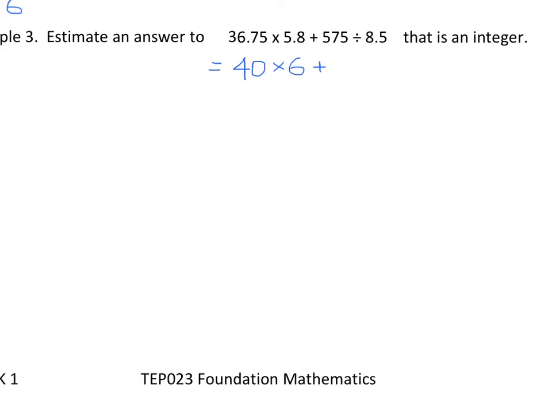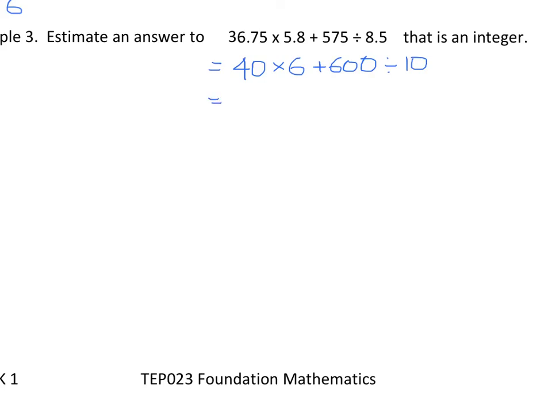Now remember, I need to perform this operation once I've written it mentally. So I'd round that off to the nearest 100, and round off 8.5 to the nearest 10. So I haven't rounded off to the same place values, but that doesn't matter. I can still do this in my head.